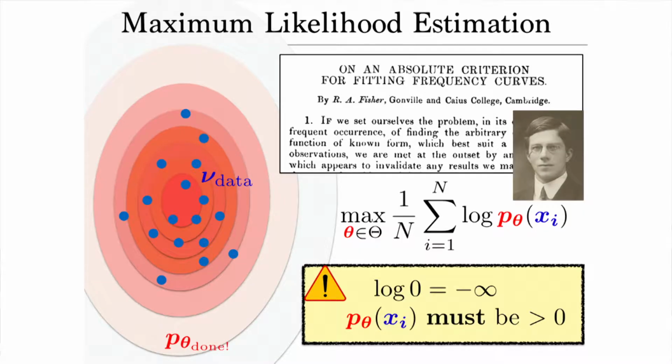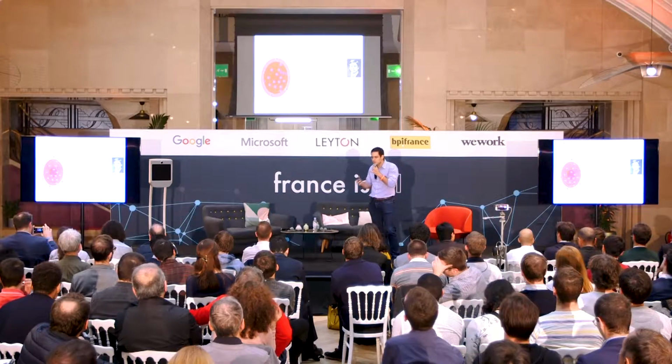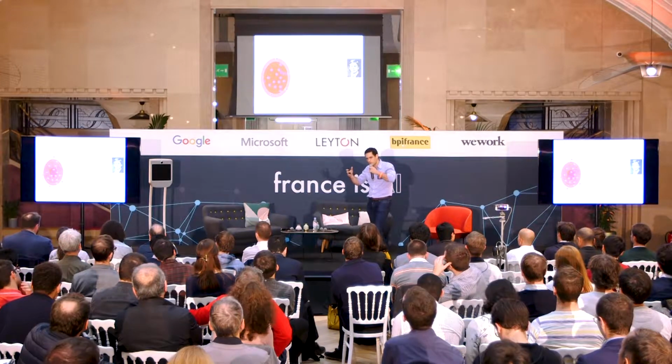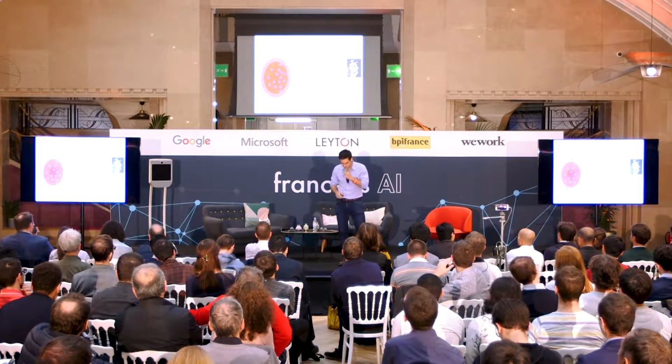It's called maximum likelihood estimation. This was an idea that Fisher had in 1912. Mathematically, it amounts to finding the parameter theta which maximizes the sum of the logarithms of p theta evaluated at each point xi. This is really the basics, one of the pillars of modern statistics.